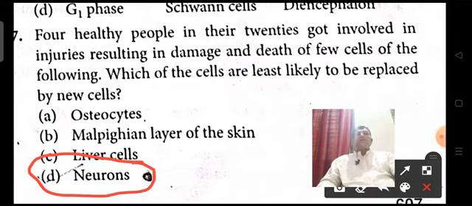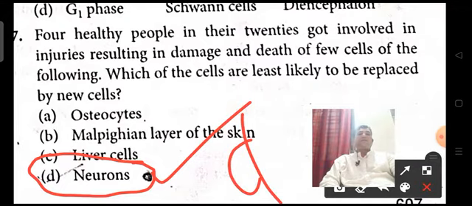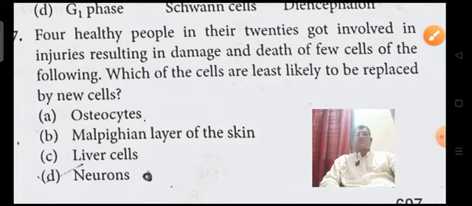In healthy persons, when neuron cells are damaged, they cannot be regenerated in their lifespan, so they have to suffer with that only. Option D is the answer for this question.